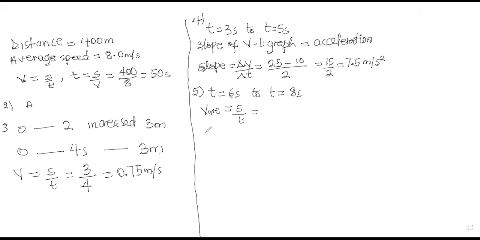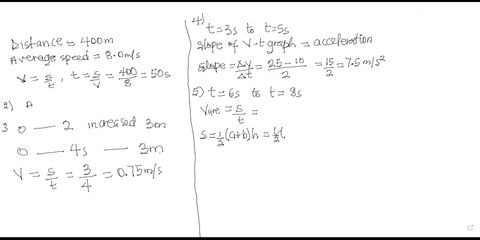So if we want S, the total distance traveled, then we must consider the area under the graph within the time interval, and the shape formed is a trapezium. So I can determine the area using the area of a trapezium, half times A plus B times H.